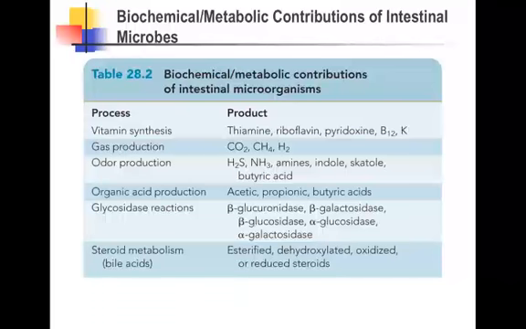These organisms can play a role in modifying the structure of those organic molecules and re-releasing them to the circulatory system so they can play subsequent roles in our endocrine developmental process. They also play a role in vitamin synthesis that we've mentioned already.